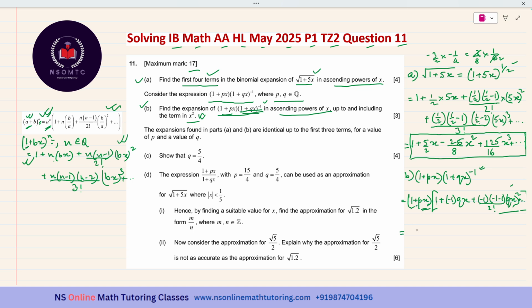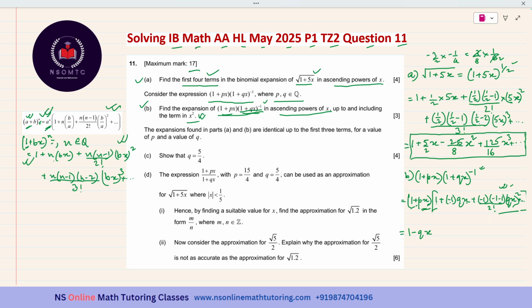So I'll be writing those terms which will be needed. So 1 times 1 is 1 and this one is negative qx. So 1 times negative qx is negative qx and this one is negative 1 and negative 2. Or else let me just simplify this one and then let me do the multiplication.